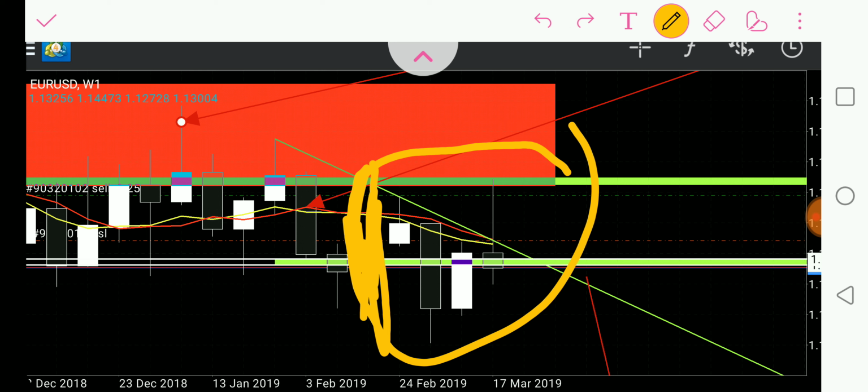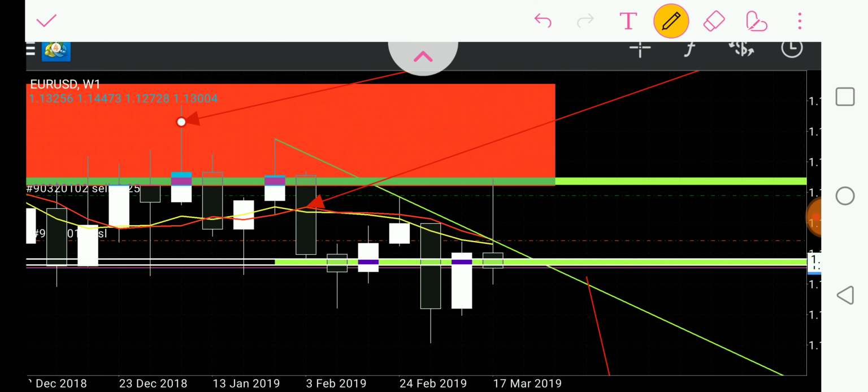This white candle is inside the body of this black candle. This black candle is a black bearish belt candle itself, because why? The opening price is the same as the high, and the closing price is near the bottom of the body. So there was no wick up top. As soon as it opened, it closed.